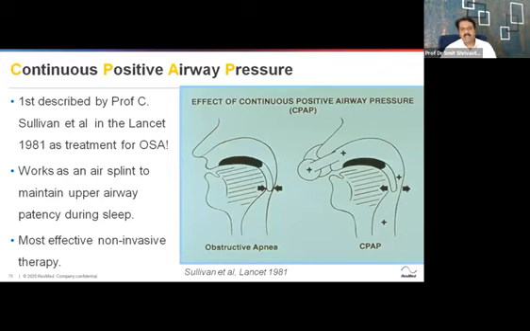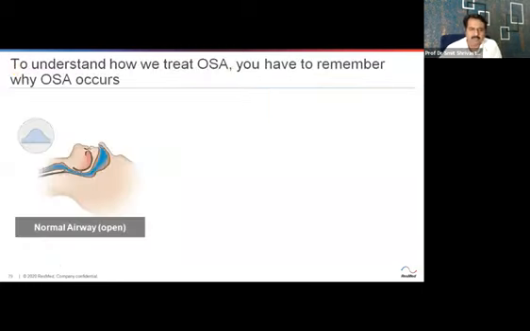It can be given through a nasal prong, which gets fitted very snugly into the nose, or it can have a nose plus mouth mask, or a full face mask, depending upon the comfort of the patient.